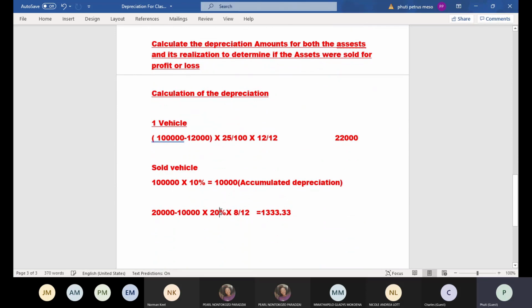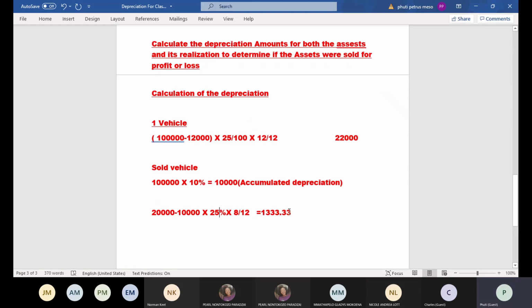It's supposed to be 25, not 20. The correct amount would be 10,000 multiplied by 25%, 25 divided by 100, and then you multiply this by 8 and divide it by 12.